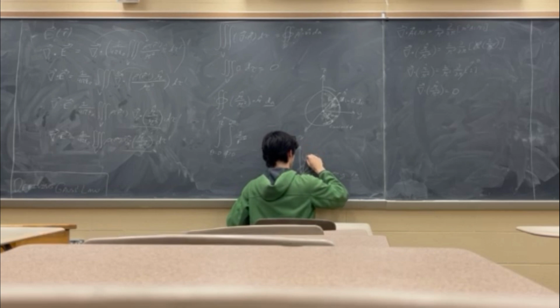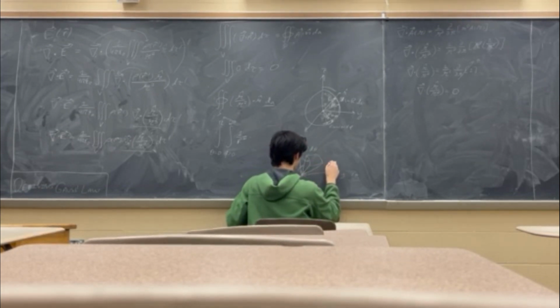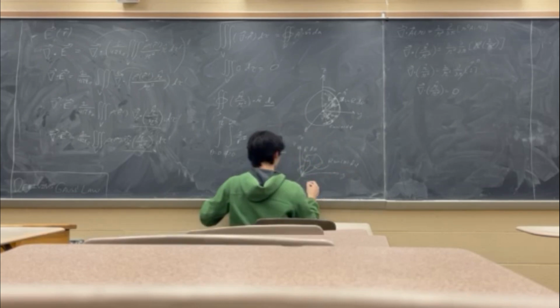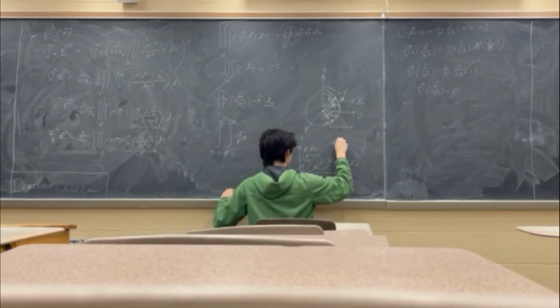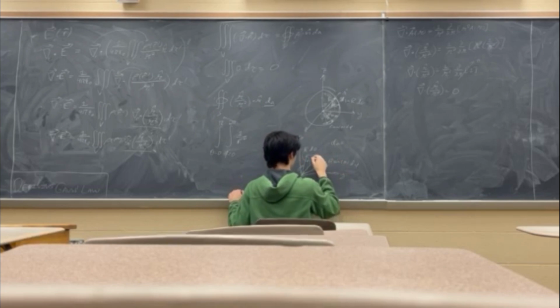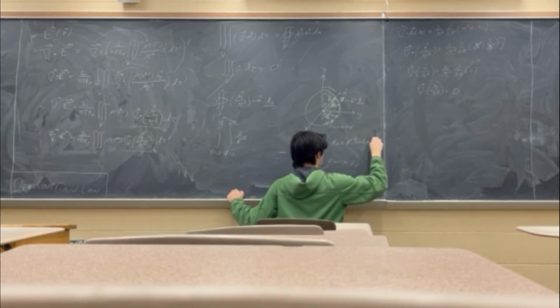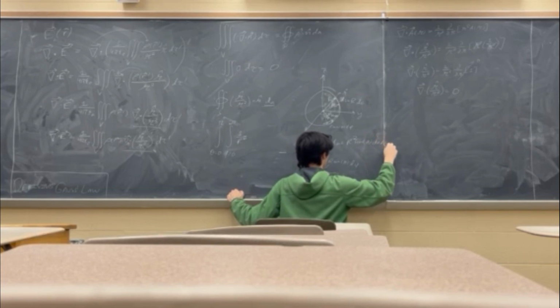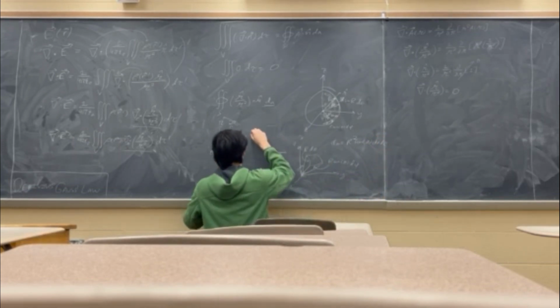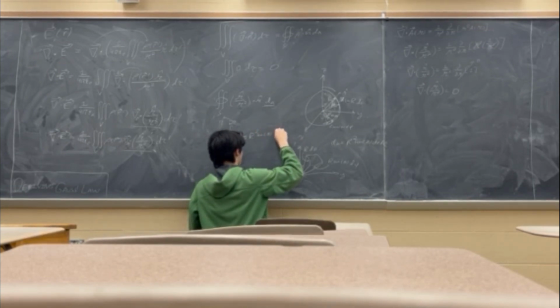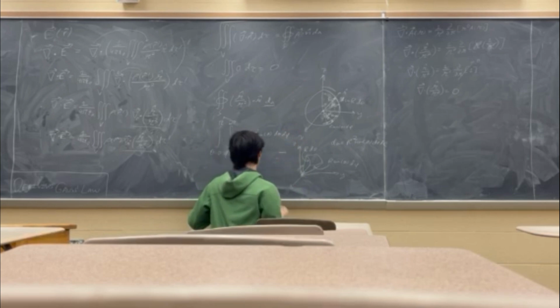So this side length here is r d theta, and then this one here is r sine theta d phi. So our dA is going to be just the product of these. It's going to be r squared sine theta d theta d phi.